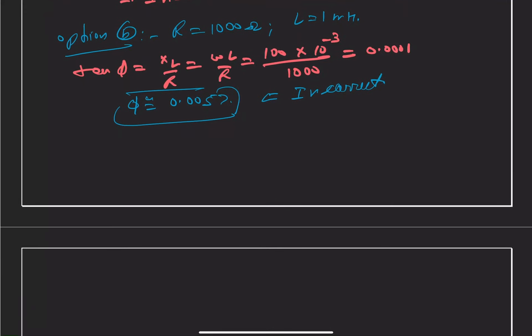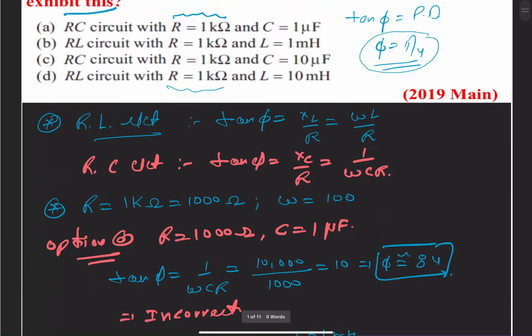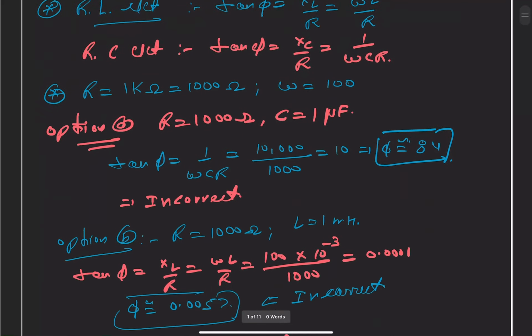Let us take option C. The value of R is 1000 ohm, and in option C we have a capacitance of 10 microfarad.